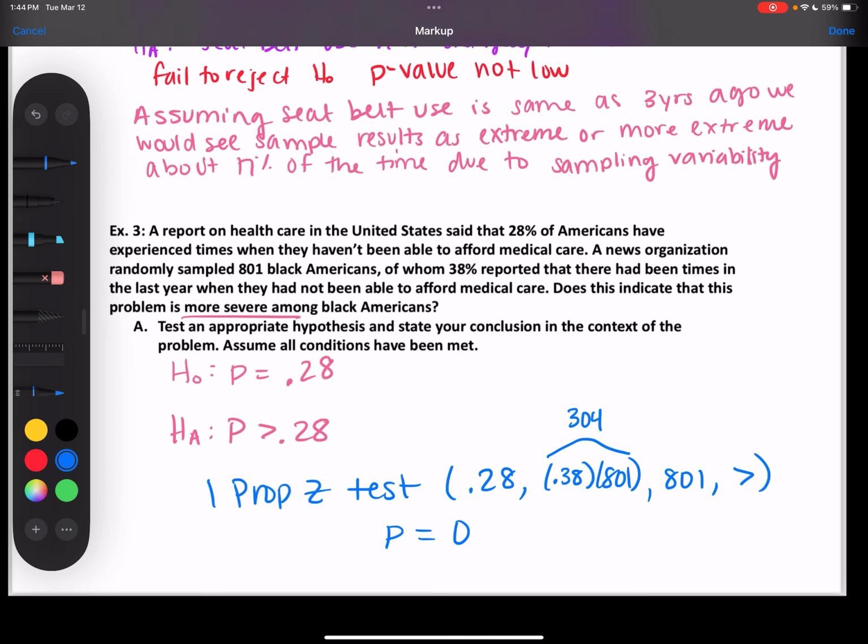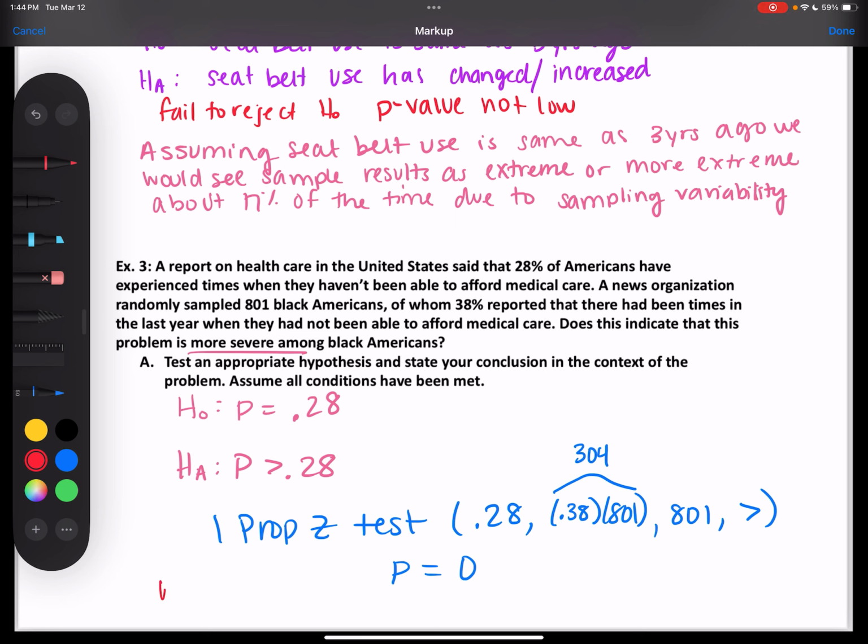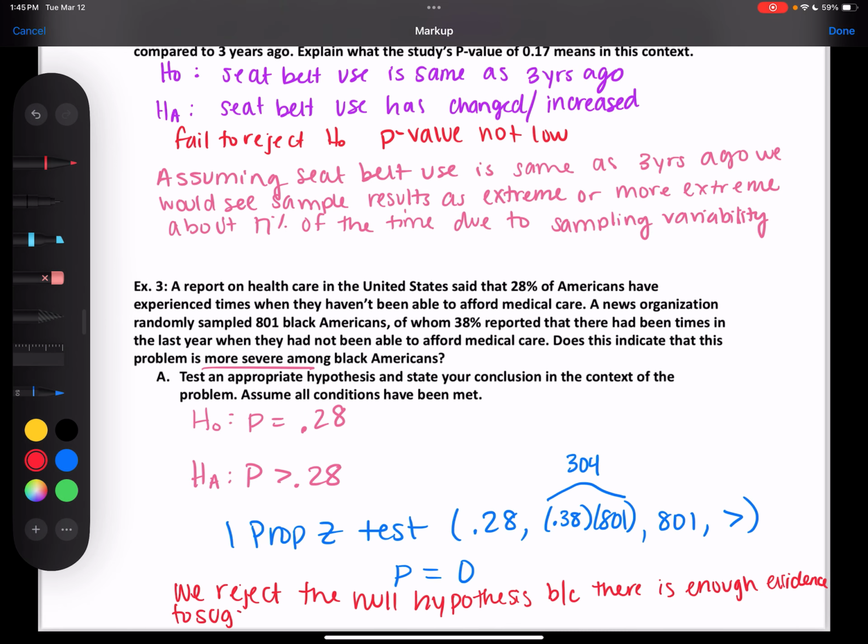So we reject the null hypothesis, because there is enough evidence to suggest the problem of affording medical care is more severe among Black Americans.